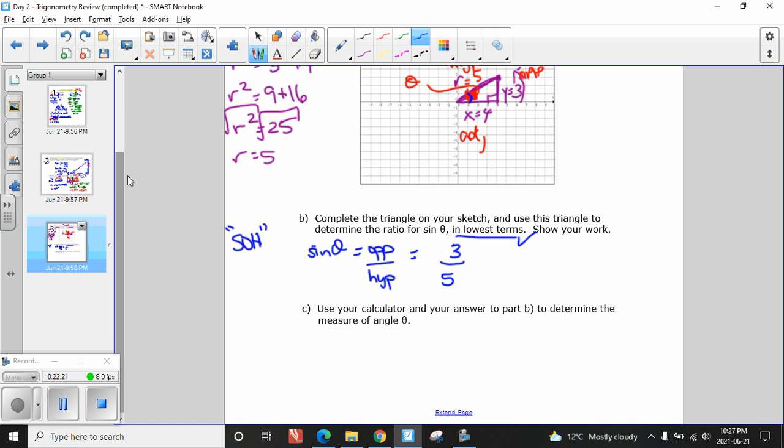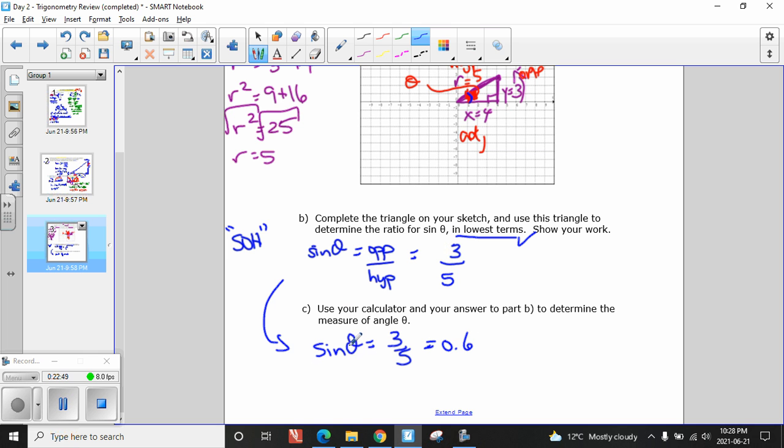Our very last trig review question. It says use your calculator and your answer to part B to determine the measure of angle theta. So from part B, we found that sine theta is 3 over 5. 3 over 5 is also equal to 0.6 if you prefer decimals.